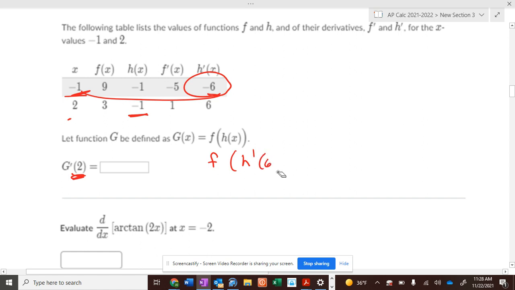Or at h prime of 2. Shouldn't it be f prime of h of 2? That's what it is. f prime of h of 2. So you go 2 to get to negative 1. You get negative 1. f prime of that would be negative 5. Times it by 6.